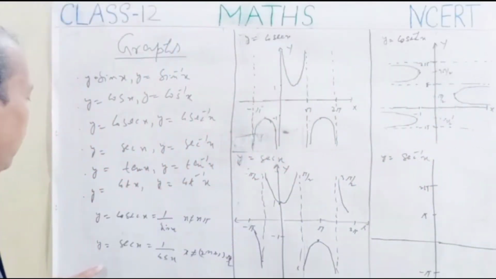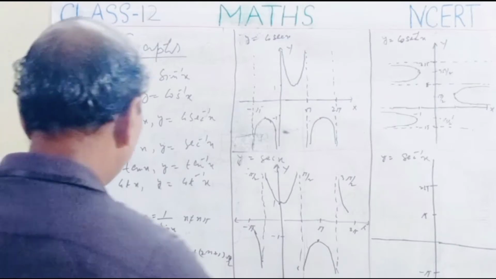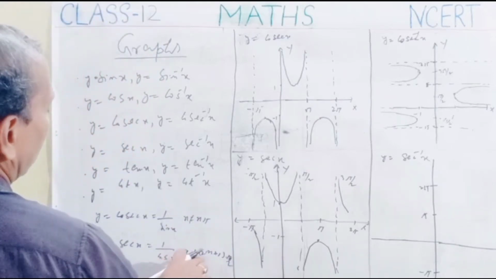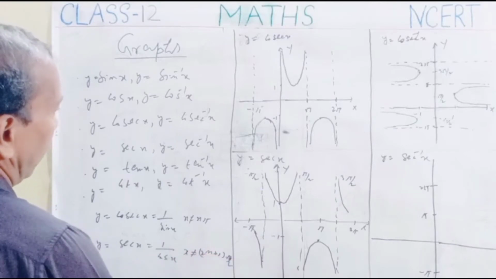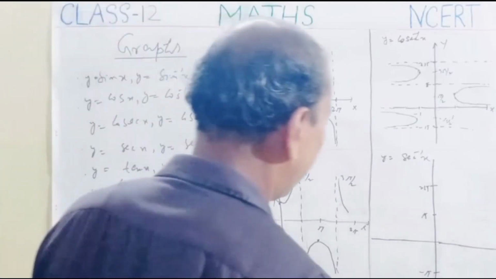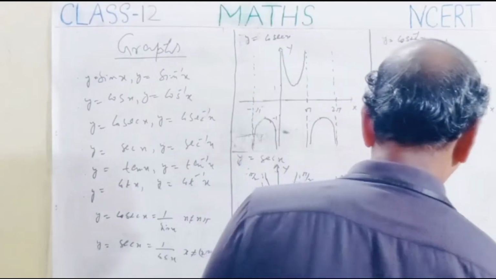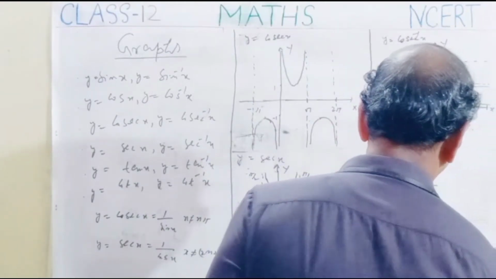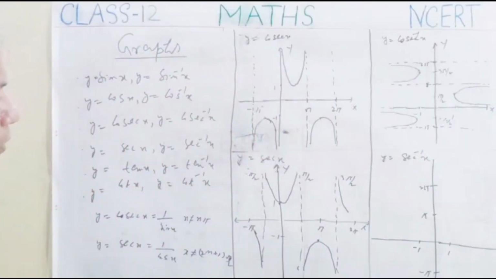I have written here y is equal to sec x, which is 1 by cos x, and this means cos x is not equal to 0. That is, x is not equal to (2n plus 1) into pi by 2. So these are the odd multiples. I can take the values here: 1 and minus 1.